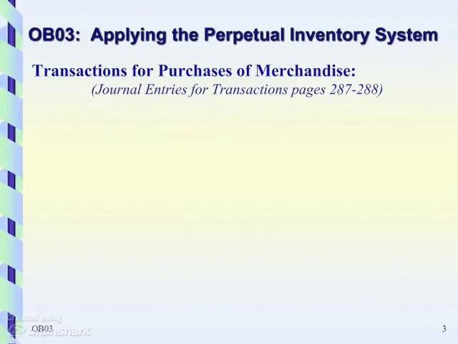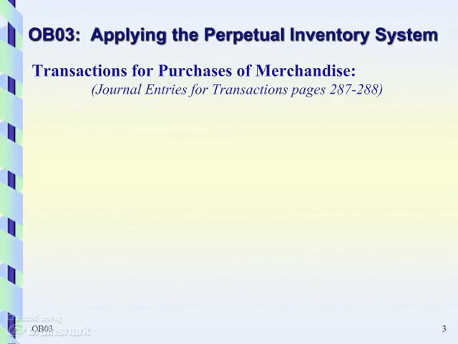In the income statement for a business using a perpetual inventory system, the cost of goods sold is constantly being updated during the accounting period as purchases, sales, and other inventory-based transactions are taking place. In addition, the merchandise inventory account in the balance sheet is also constantly being updated.